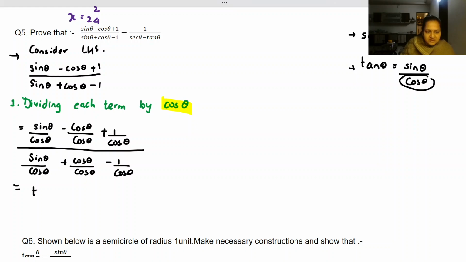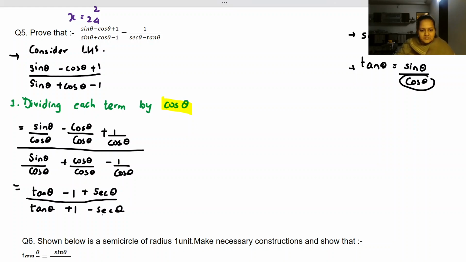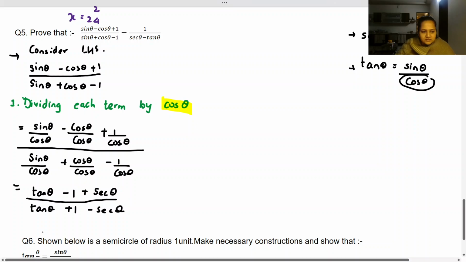What is sine upon cos? Tan θ. Cos upon cos is 1, and 1 upon cos is sec θ. Here we are going to have again tan θ plus 1 minus sec θ. So our first step is over.